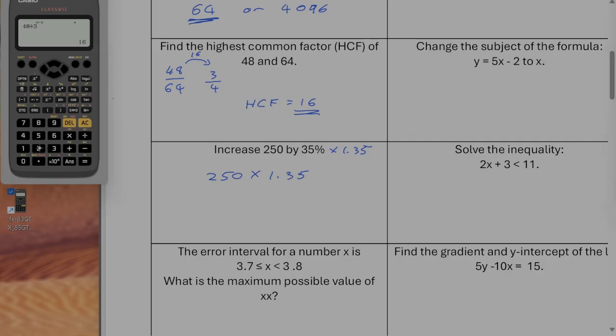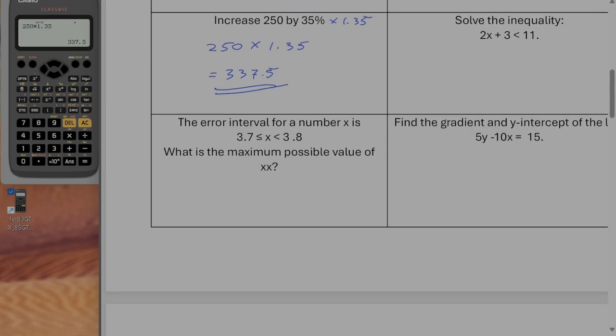So if I do 250 multiplied by 1.35, that gives me 337.5. Just checking it wasn't pounds or anything like that, so we don't need a unit. And just checking I've typed everything in right.